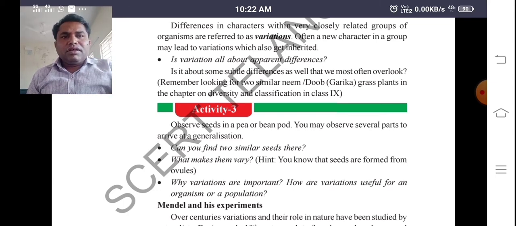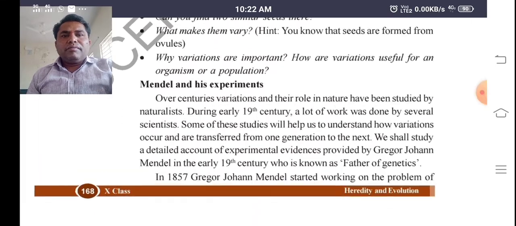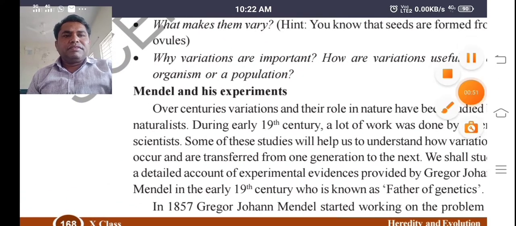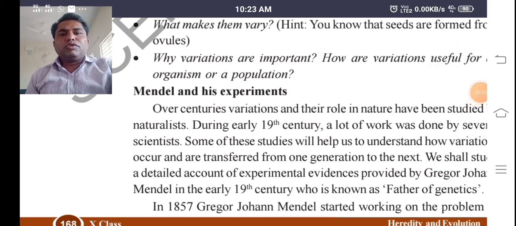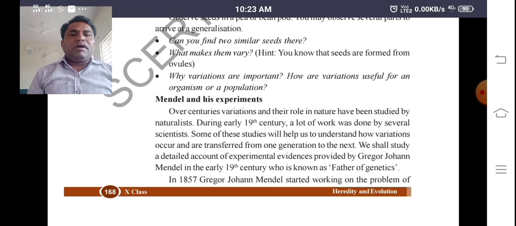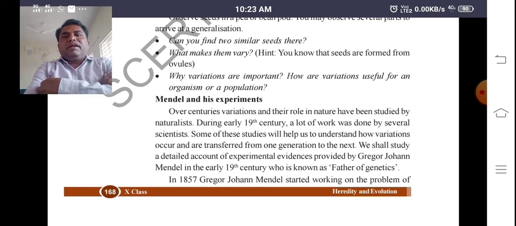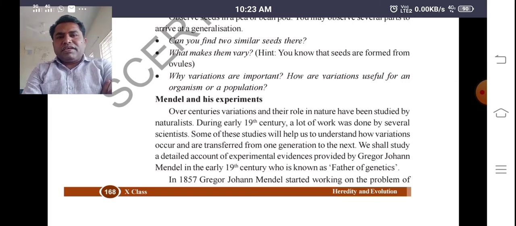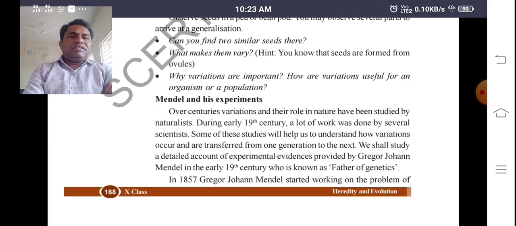Let us go to Mendel's experiments. Mendel's experiments are most important, and I already explained them in lower classes. Who is the father of genetics? The father of genetics is Gregor Johann Mendel, and his experiments were on the pea plant.